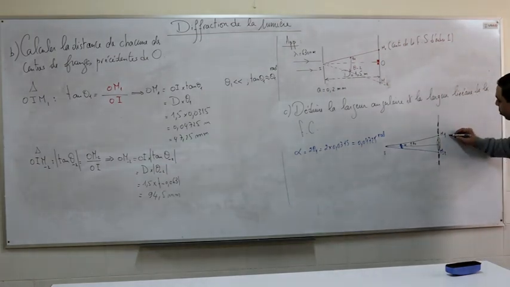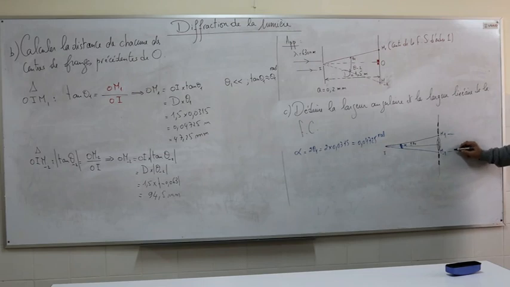Whereas the linear width of the central fringe is this distance L. So L is the distance M1, M negative 1.